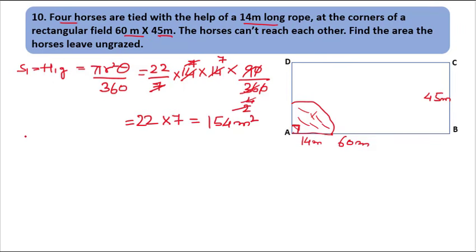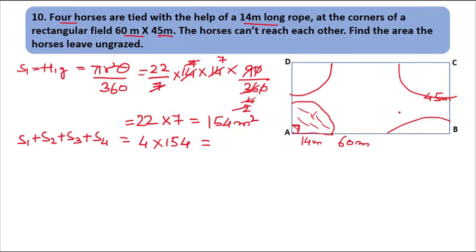So what is the total area grazed by these horses? It is equal to S1 plus S2 plus S3 plus S4, right? So that would be equal to 4 into 154. At each of the corners, see the figure, there is a horse. So the area grazed will be 154 multiplied by 4, that is equal to 616 meter square.